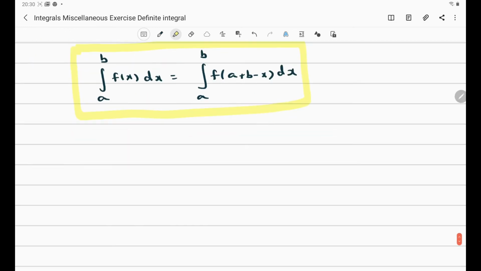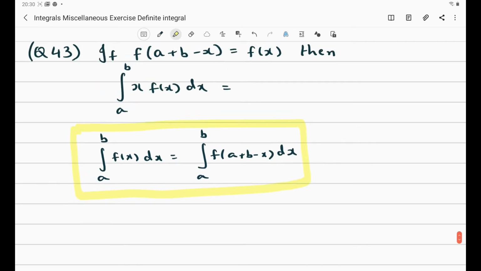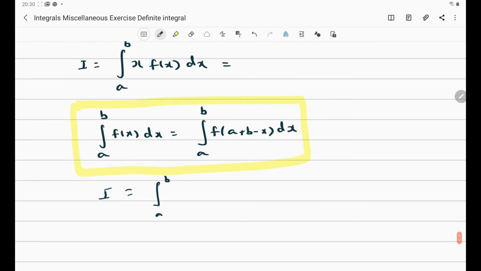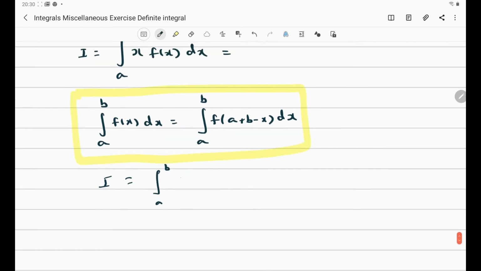So, let us write this as I equal to integral a to b x into f of x dx. So, let us apply this property and we get I is equal to integral from a to b, in place of x I should write a plus b minus x into f of a plus b minus x dx.